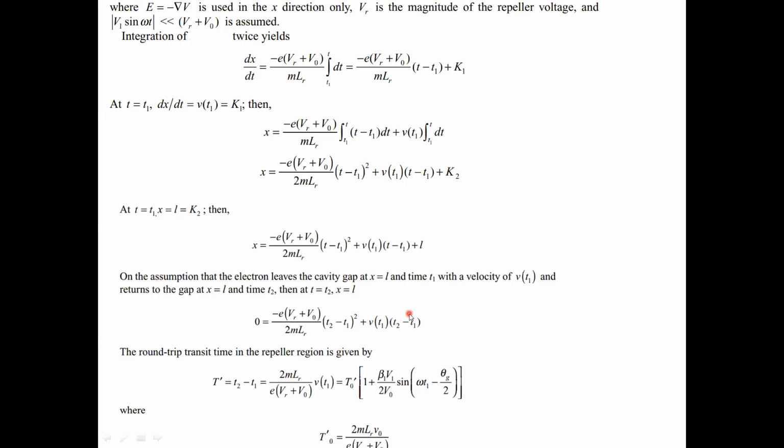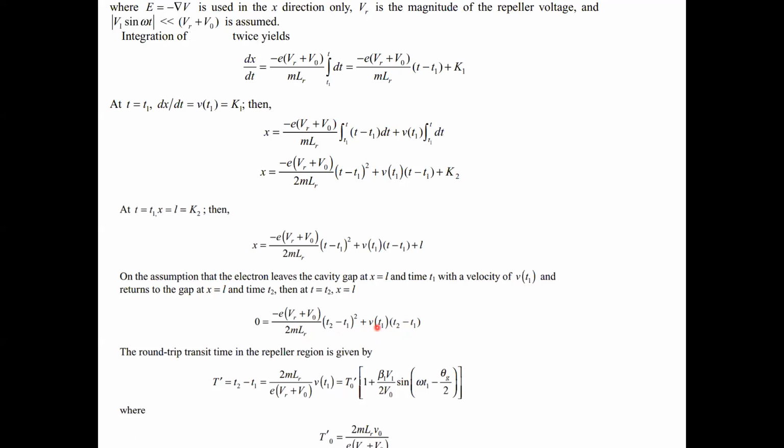So from these two equations, try to solve for the transit time. What is the transit time from here? T2 minus T1, clear? T2 minus T1. So how do we get T2 minus T1 from this example? v of t1 into (T2 minus T1) equals minus e VR plus V naught by 2 ml into (T2 minus T1) square.